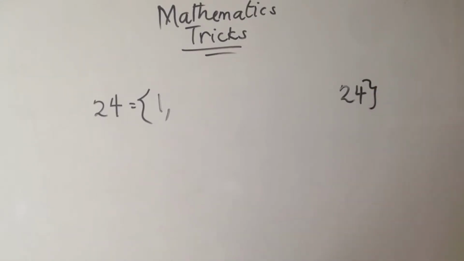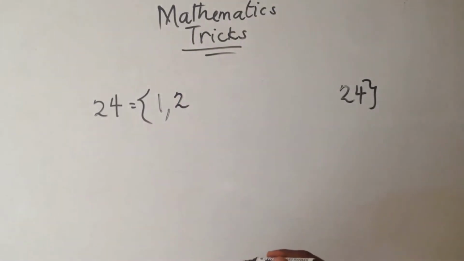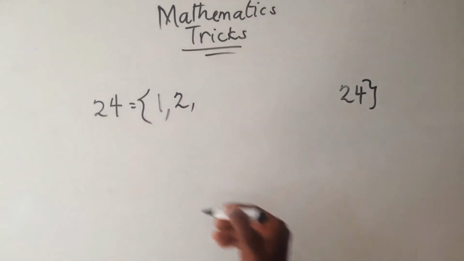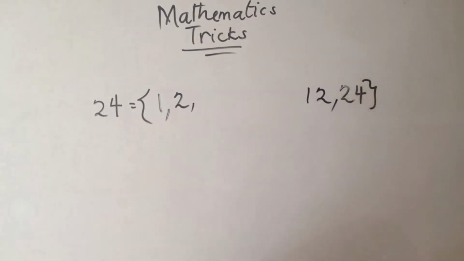The next number which can divide 24 is 2. So we write down our 2 and then we write the multiple of 2 that gives us 24. That is 12. We also write that towards the end. The next number that can divide 24 without a remainder is 3.